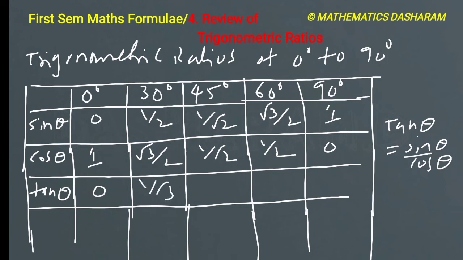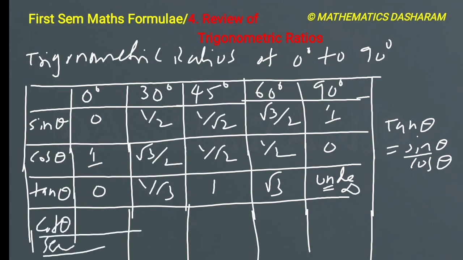Next, tan 45: 1 by root 2 divided by 1 by root 2, both get cancelled, it equals 1. Next, tan 60: here the 2s cancel, so then root 3. For tan 90, 1 by 0 is undefined, undefined means infinite. Similarly you can find cot theta, sec theta, cosec theta.